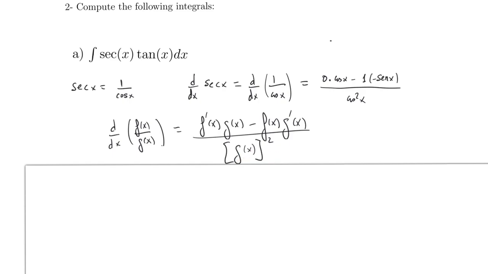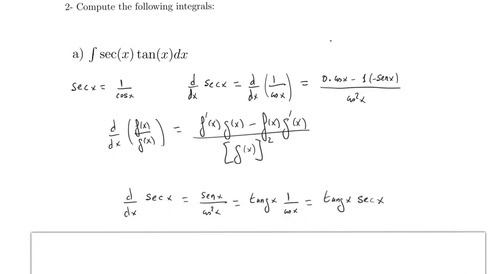So I repeat again, the derivative of the quotient of two functions is the derivative of the numerator by the denominator minus the derivative of the denominator by the numerator, divided by the denominator squared. So if we want to find the derivative of secant x, or the derivative of 1 divided by cosine of x, we need to apply this equation. So let's find the derivative of secant x to realize why it's important to have this derivative.